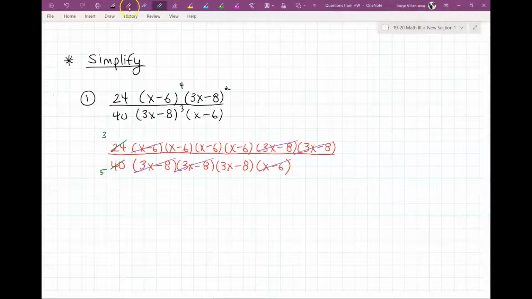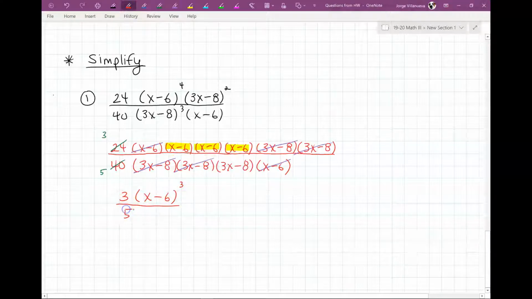So my answer will be a 3 on top, times (x minus 6) to the 3rd, because there are 1, 2, 3 of them, over 5 times just a 3x minus 8, because that's the only thing left on the bottom. That's how you do the very first question.